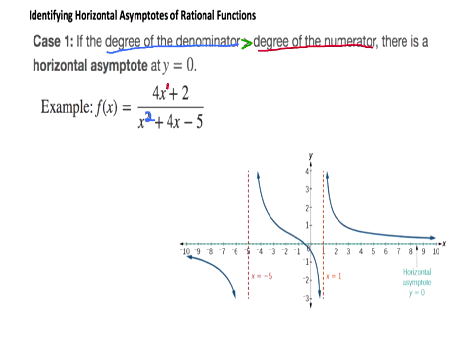So when the degree of the denominator is greater than the degree of the numerator, your horizontal asymptote will always live as the x-axis, or y equals 0.